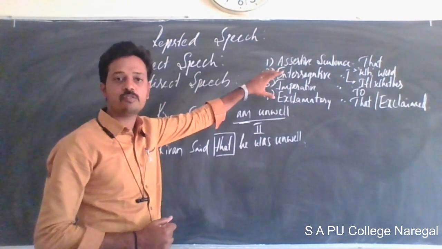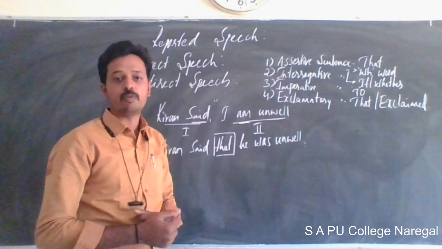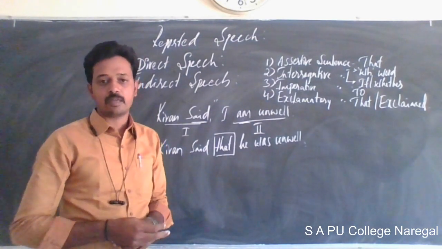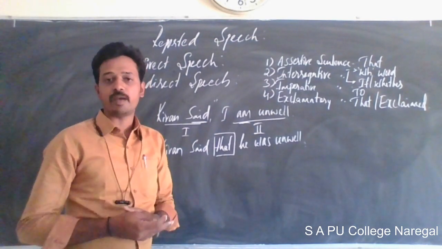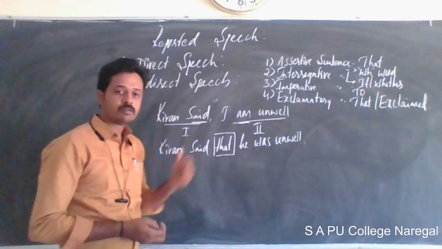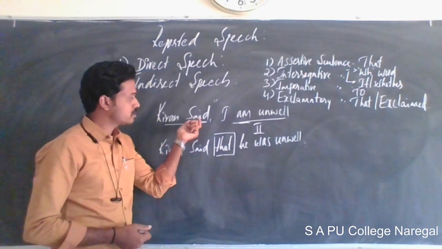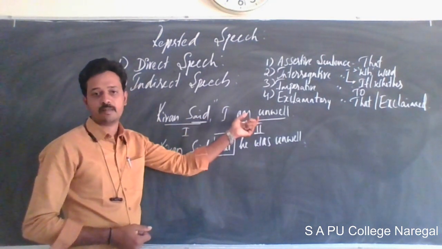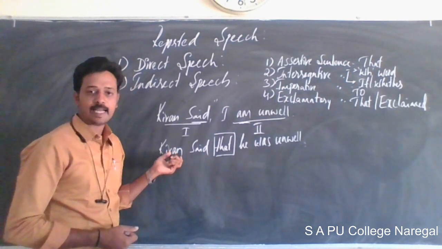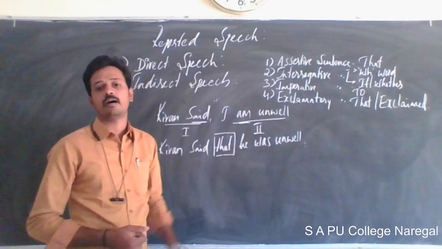And then, after knowing the use of conjunctions, let us go with the changes in the reported speech when converting direct sentence to indirect sentence. Observe these sentences on the board. Here in the first sentence, Kiran said, "I am unwell." When we convert this to indirect speech, Kiran said that he was unwell.